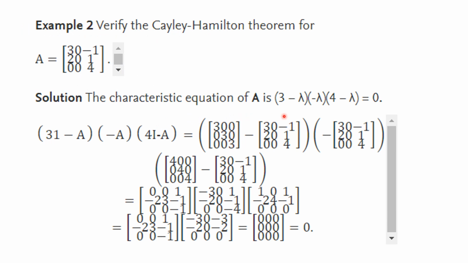Now this time the characteristic equation is, I'm leaving it in factored form here, you don't have to, but it is 3 minus lambda times minus lambda times 4 minus lambda equal to 0. So we have 3 times the identity matrix minus A, A itself, and 4 times the identity matrix minus A. So if we do those calculations, we find that indeed it does satisfy, and we get 0 for the answer.